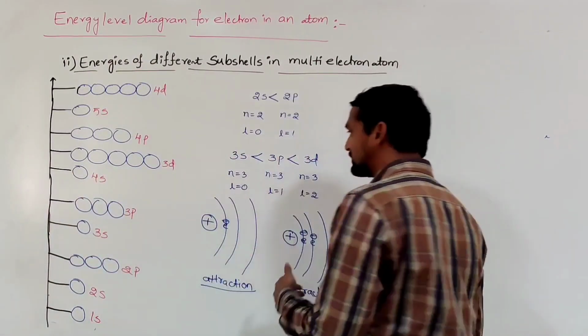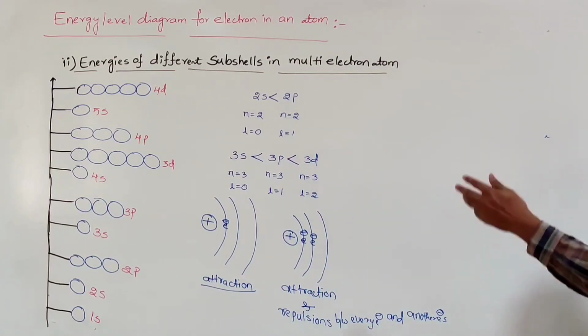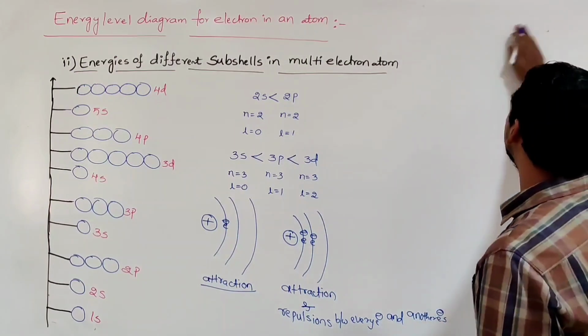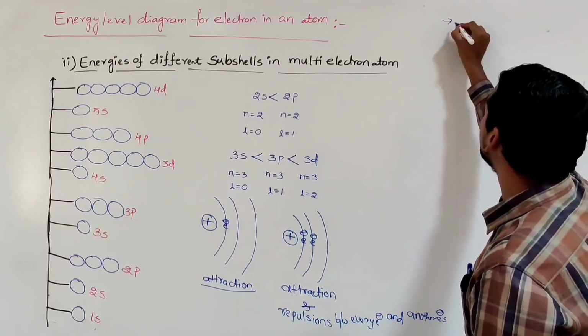So this is one of the reasons. And when we discuss somewhat deeply, the different energetic pattern of subshells in multi-electron atoms is generally said to be because of three reasons.